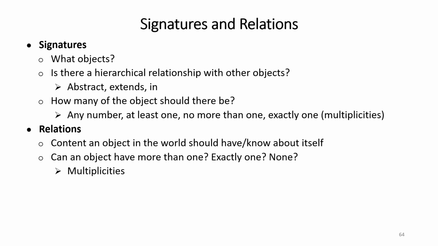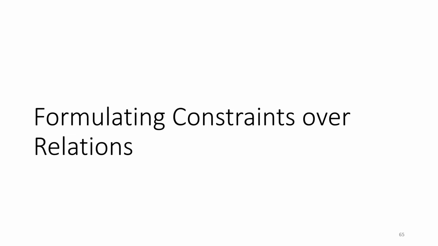Do we need to have any extends relations or any abstract signatures? And then we can also check what's the scope, how many of these objects should we allow, and what are the multiplicities that we should put for each of the fields and signatures. And then for the relations, again, multiplicities are quite important. How do they relate?